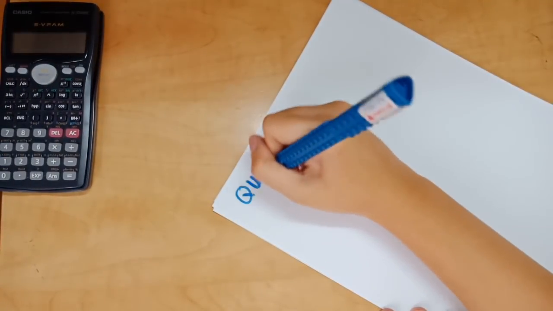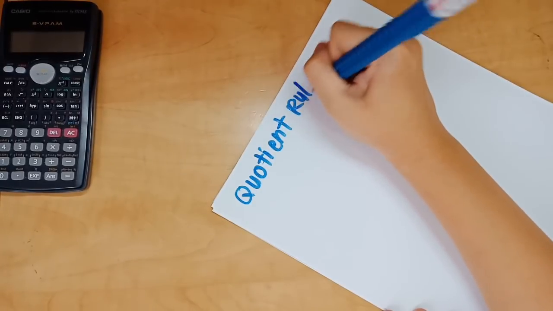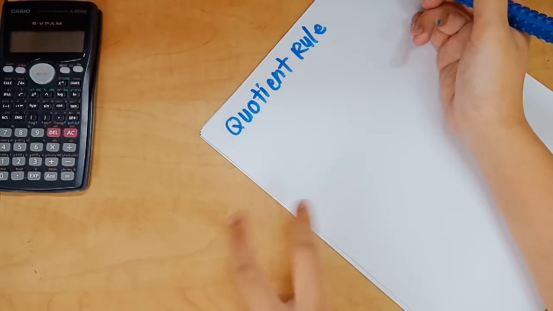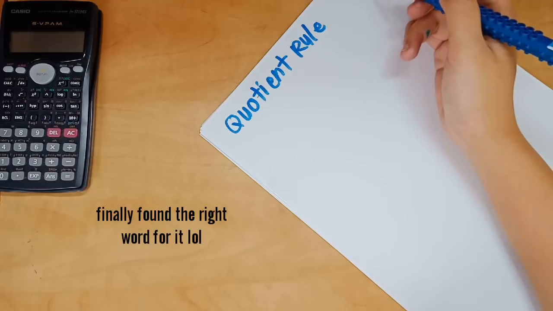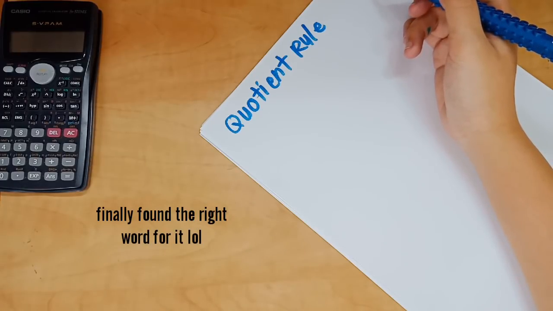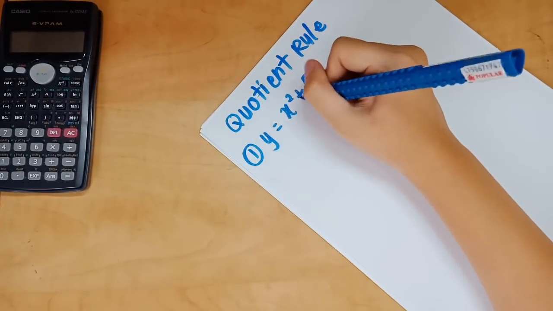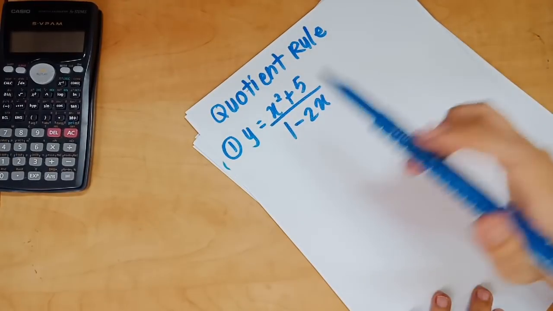The last one is the quotient rule. And this is used when there is a division of two sets of items, like two sets of expressions, and you're asked to differentiate it. So I'll give you an example. So there is a formula for quotient rule.